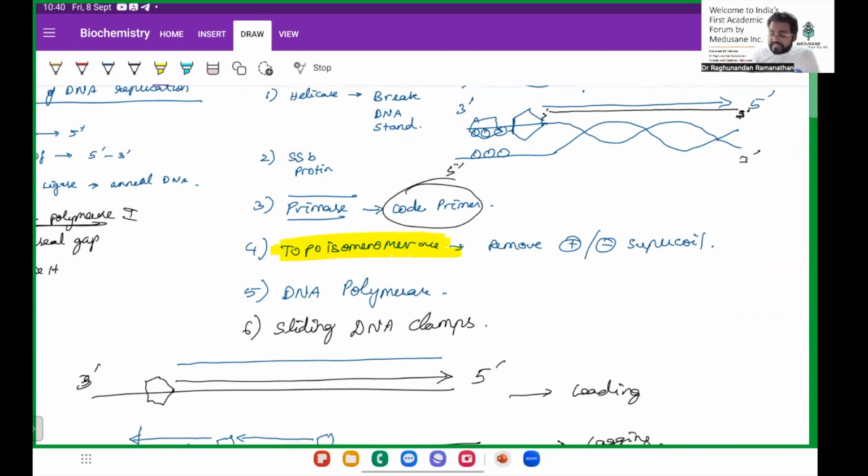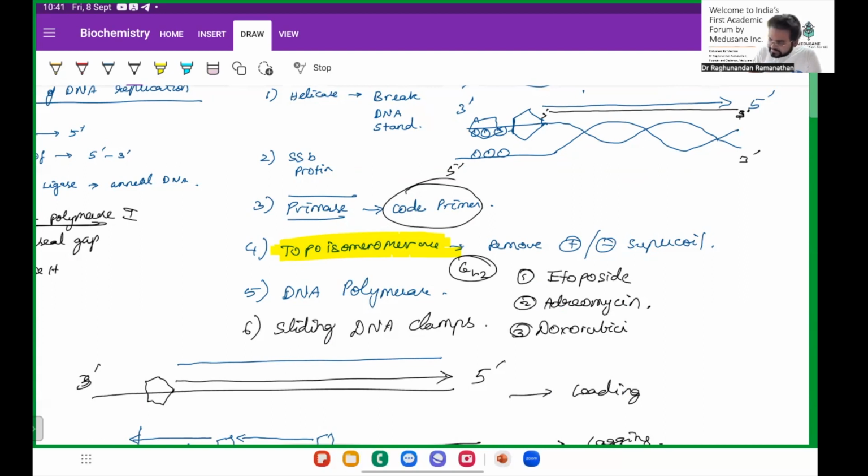For example, in the phases, you will be blocking in the G2 phase. So what examples can you quote for this? Etoposide, adriamycin, doxorubicin. Just write along with me. Etoposide, adriamycin, and doxorubicin.